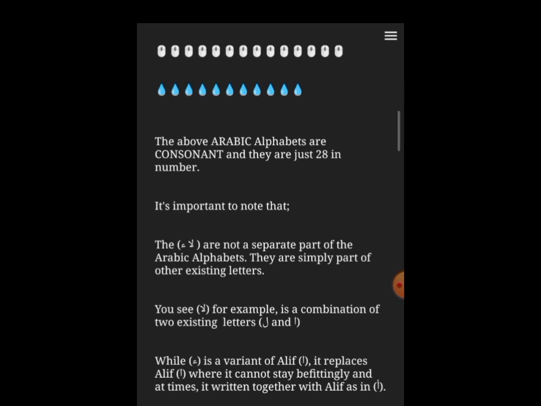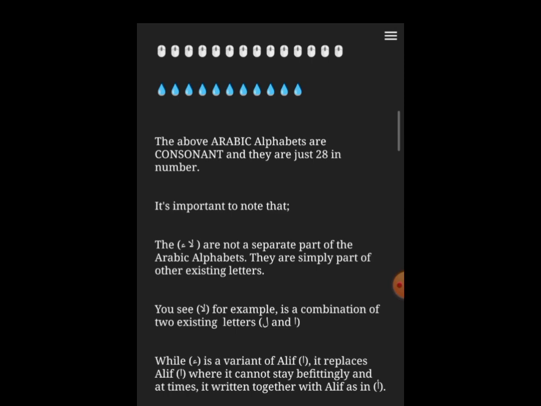The above letters, just like I said, are the consonant letters in Arabic, and there are just 28 of them. The two letters that are separated in a parenthesis are Lam Alif and Hamza. Take note, Lam Alif and Hamza. Why are they not included to be part of the main alphabet?